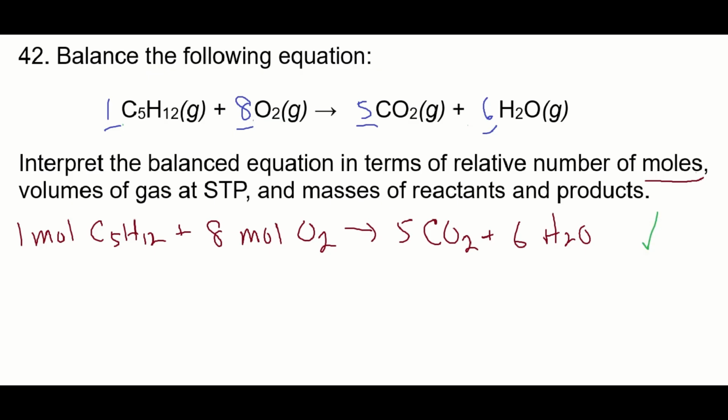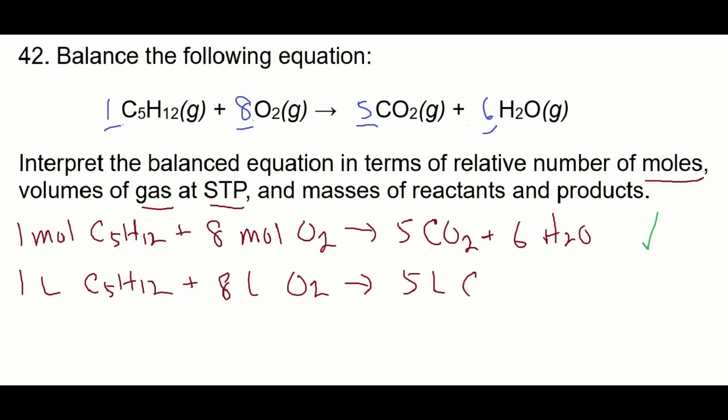You can also interpret this in terms of volume if they're gases at STP. So that's important. You can't interpret solids or liquids as volume, but you can do that with gases. So, for example, you can say 1 liter of C5H12 reacts with 8 liters of O2 to produce 5 liters of carbon dioxide and 6 liters of H2O.